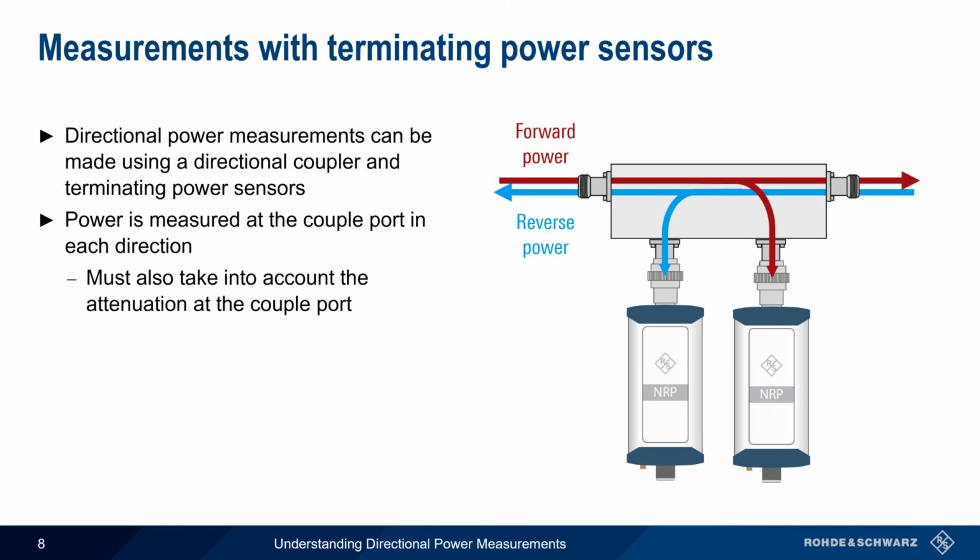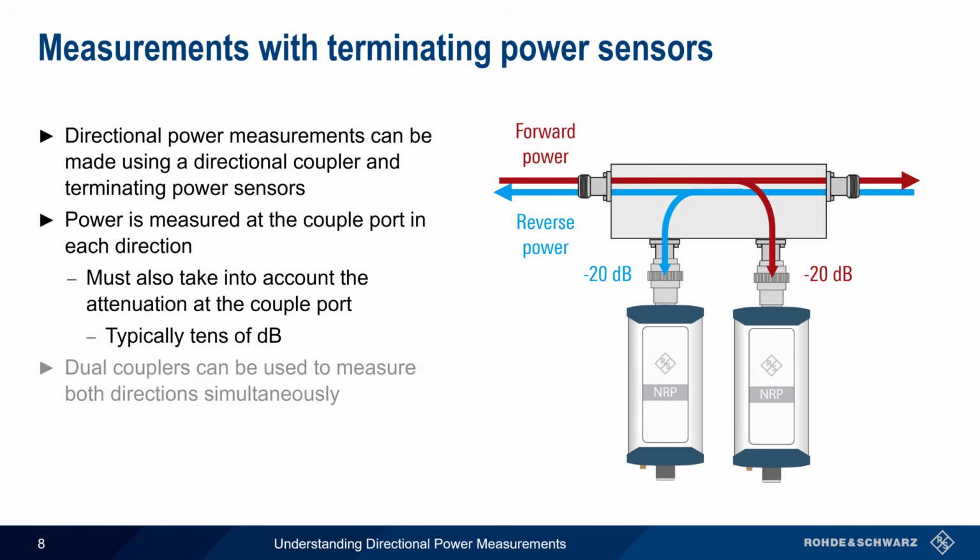The attenuation at each couple port, typically on the order of tens of dB, must also be taken into account. In a dual-directional coupler arrangement, such as the one shown here, power can be measured in both directions simultaneously, and standing wave ratio, return loss, etc., can be manually calculated from these values.